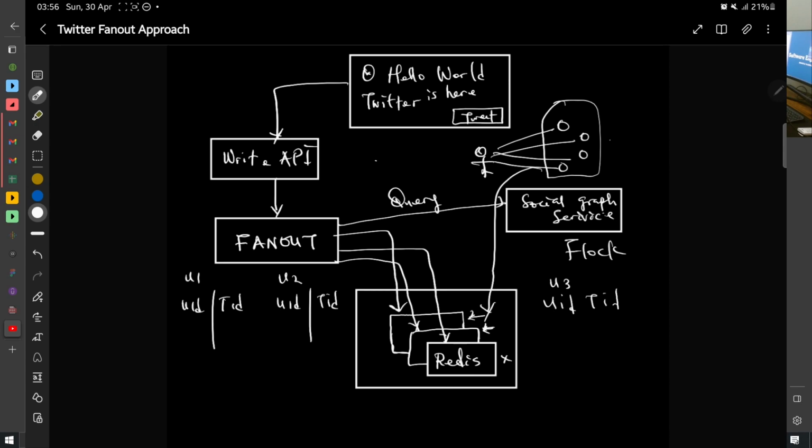User 3 is also going to have its own list, UID, TID. All right. And let's say we have this till user 100. And let's say I have just 100 users following me. So they are all going to have this particular list, native list within this Redis cluster.